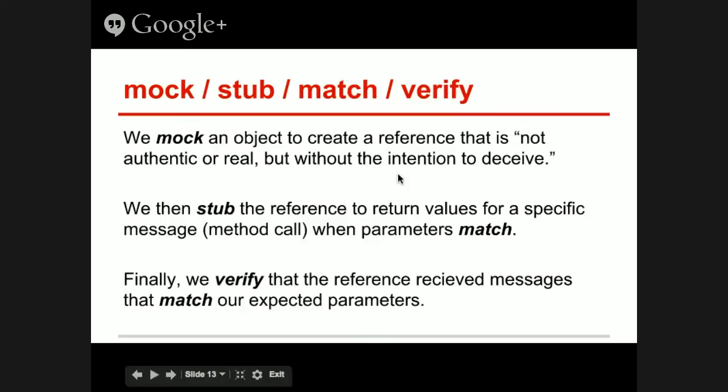So just so you understand the meaning of mock, stub, match, and verify, because not everybody does. When we mock an object, we create a reference to it that is not real. The reference is real, but it's not the real object in its implementation anymore. You get control through stubbing what its return values will be when it is passed specific parameters if you're going to use matching. Or you could say any parameter, but you get to control what its return values are going to be on a mocked object.